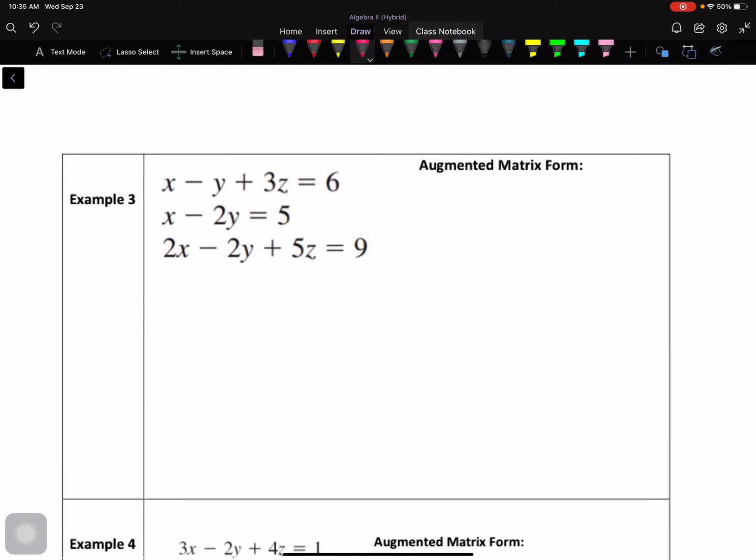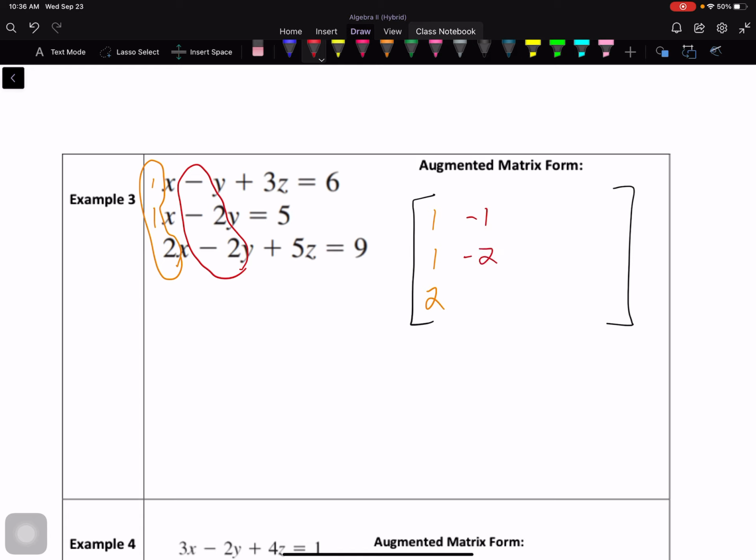Okay, so I'll take a look at this one here. This will be the last example we do together, but there is my setup. We'll take all the x coefficients first. So we're going to have 1, 1, 2. Now the y coefficients, we are going to end up with negative 1, negative 2, negative 2. The z coefficient, so here's 1.